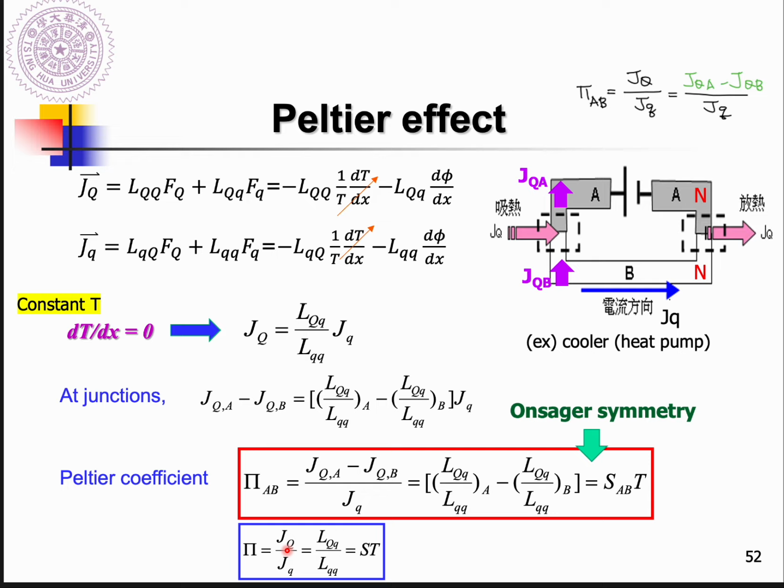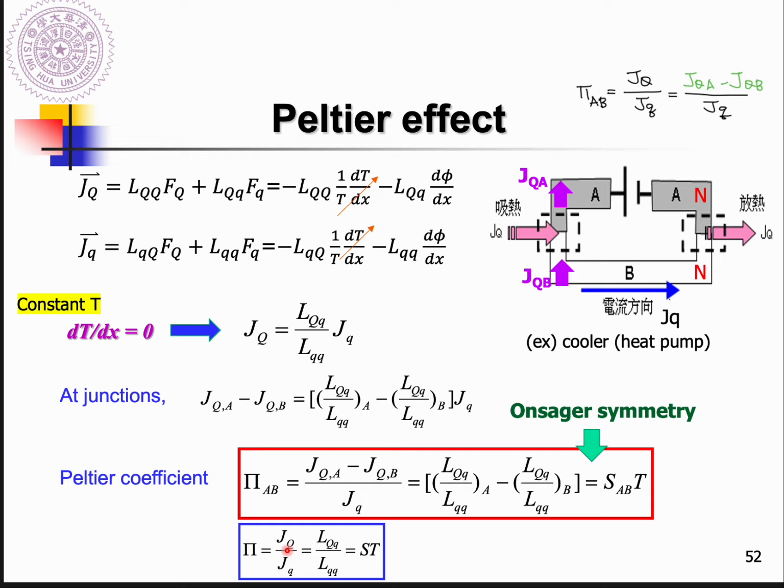So that's the reason why we need to use two or more pairs of this material to make a generator or a cooler, because the efficiency of a single thermoelectric material is very, very low.